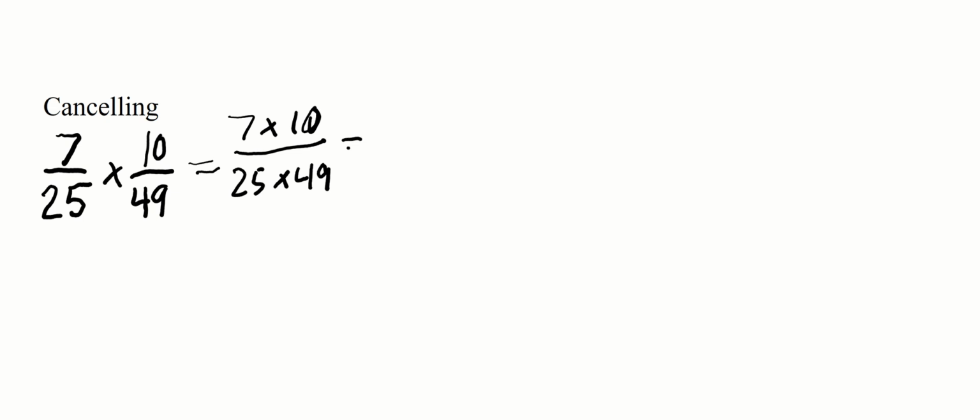In this case, 7 times 10 we know is 70. And we can solve the problem of 25 times 49 to get 1,225.